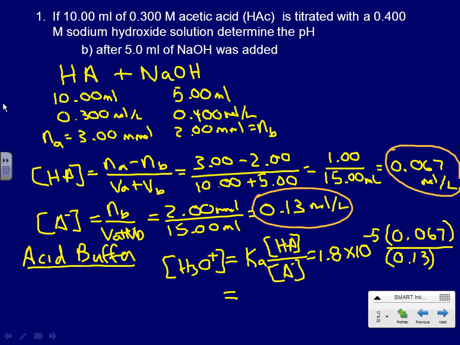And when I do that, I get an H3O plus of 9.3 times 10 to the negative 6 moles per liter. And then I get a pH of 5.03.